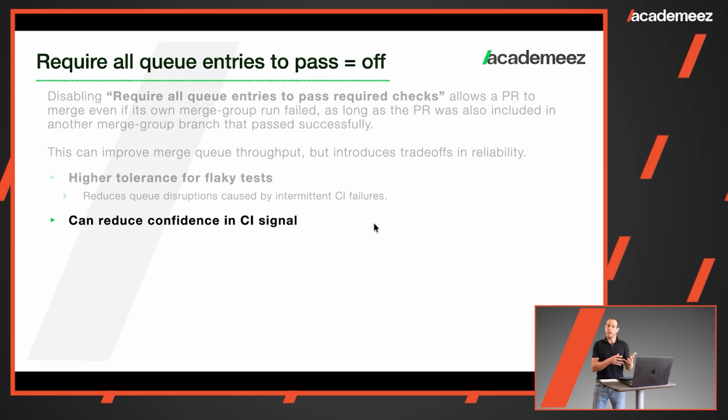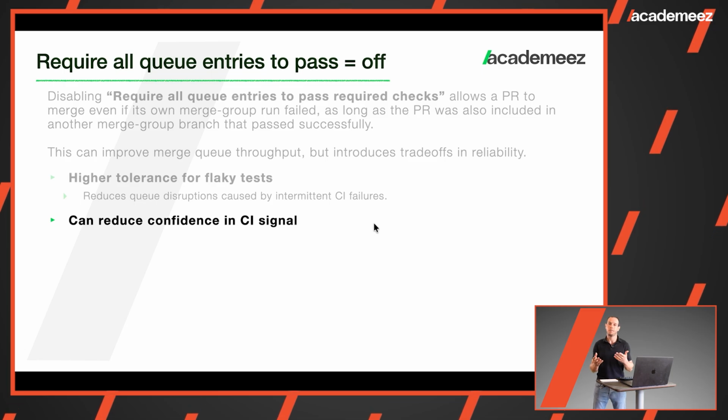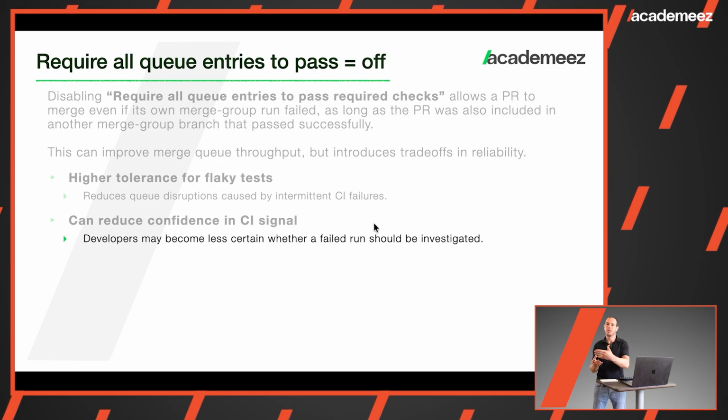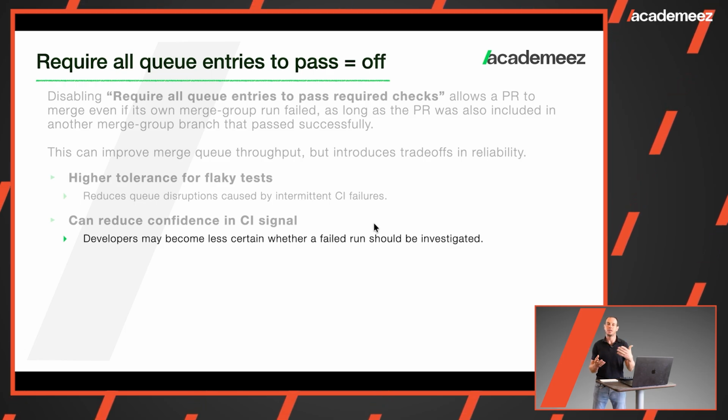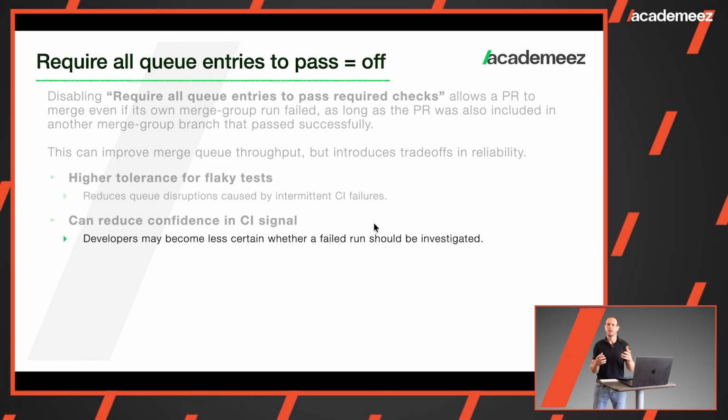But on the downside, higher tolerance of flaky tests seems like a good thing, but it can reduce the confidence developers have in their CI signal. If their CI signal is saying, hey, those end-to-end checks failed, the developer will automatically say, oh, it's probably a flaky test, I'm going to run it again, or I'm going to allow it to pass with this option disabled.